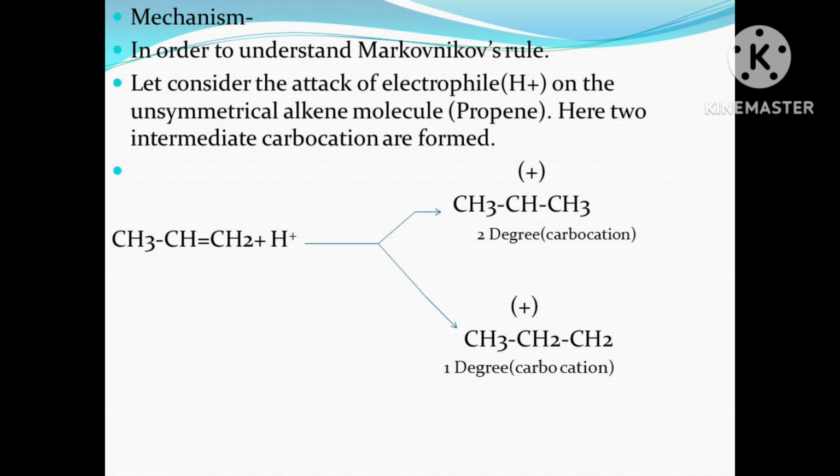HBr was there, then Br attached. Now, where one carbon was the radical, having one electron, hydrogen will attach. Where more hydrogen was there, bromine attached, and where carbon was having one electron, hydrogen will attach.